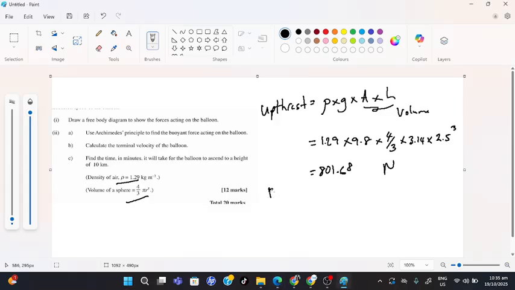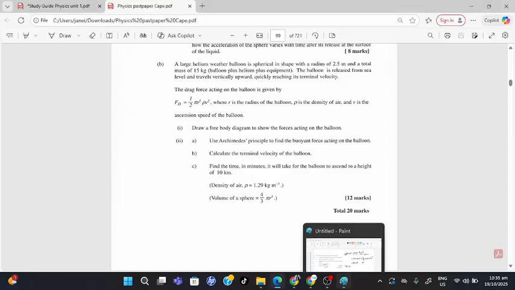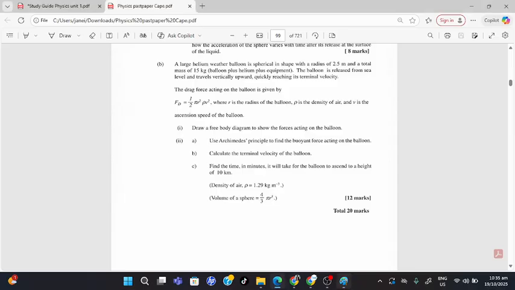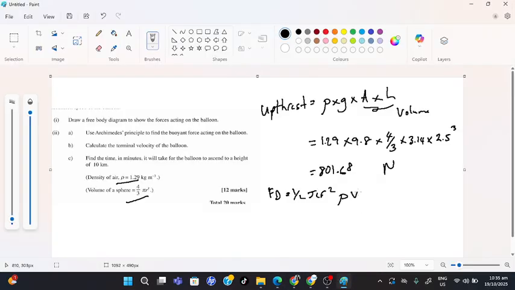FD is equal to half pi r squared times density times velocity squared, where this velocity is going to be terminal velocity. So the condition for terminal velocity is, this is the balloon, that the upthrust should be equal to the weight of the balloon plus the drag force, which is going to be Fb.